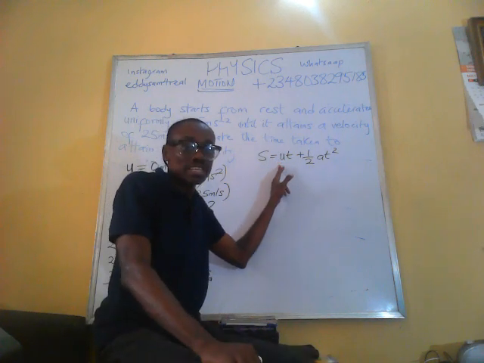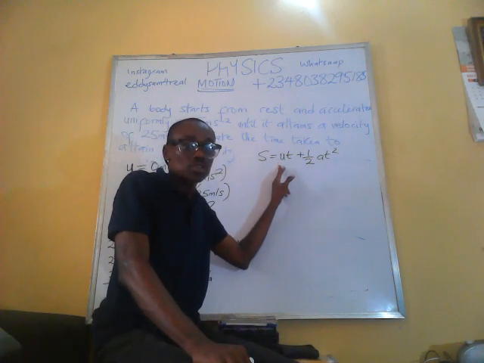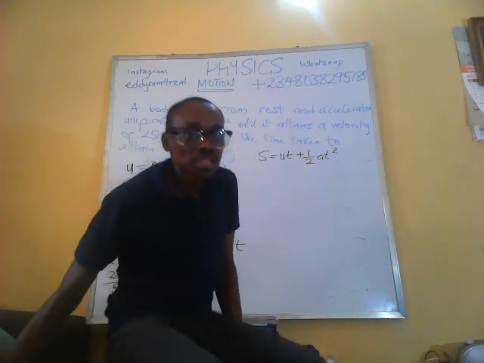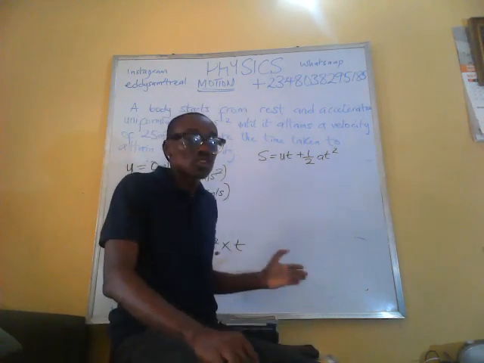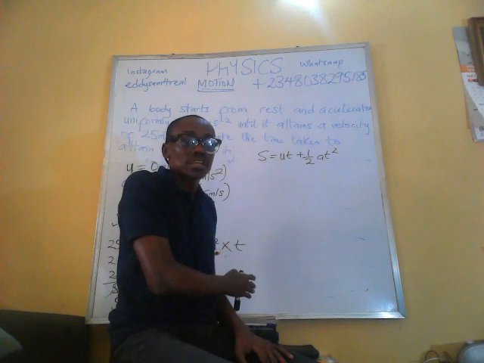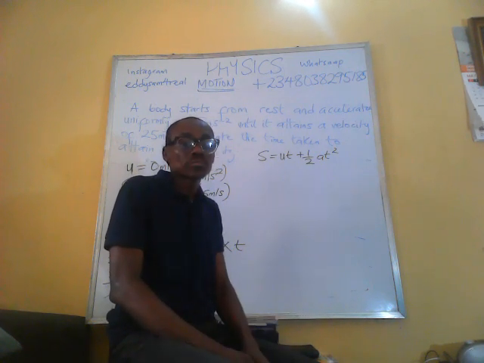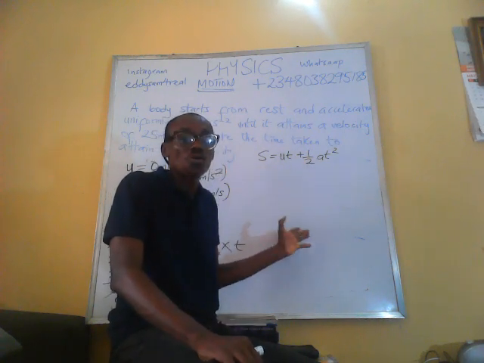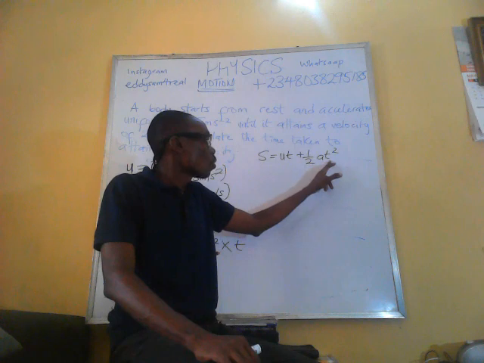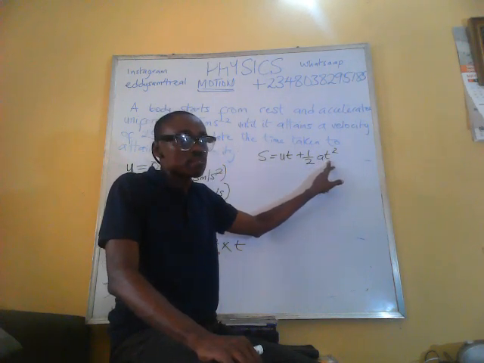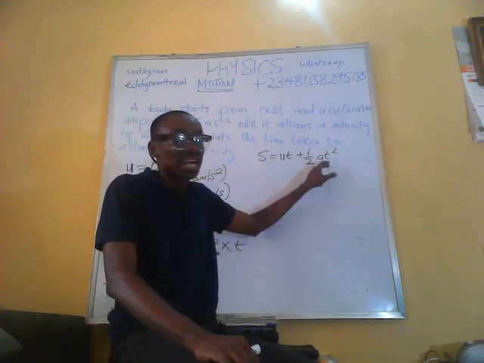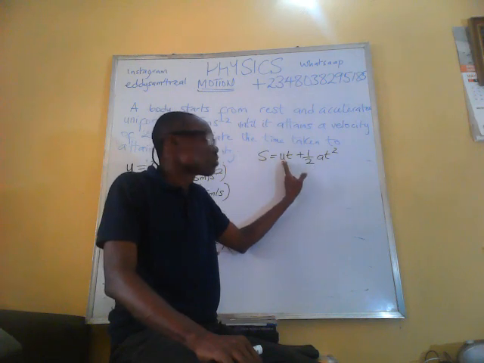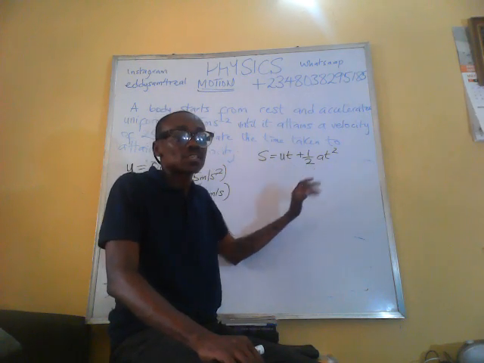But let's assume we had not calculated the time. Is there any equation that can help us directly? We'll get to that. Let's just use this one and see where it leads us. We've calculated time already, we had the acceleration and the initial velocity, so let's go ahead and solve.